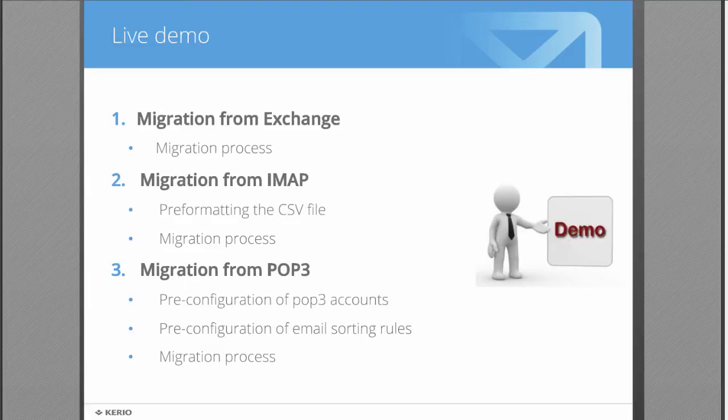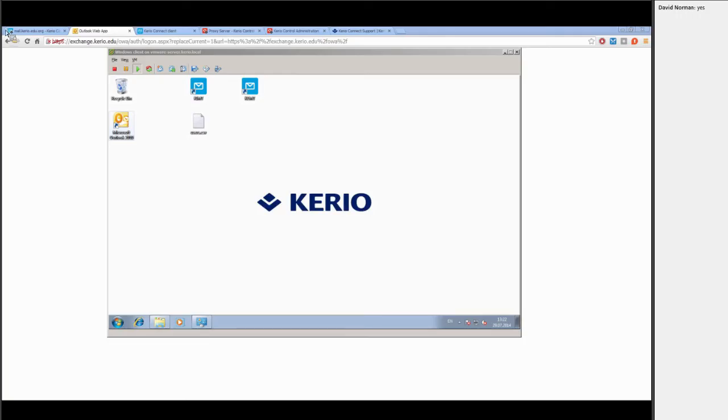And now I will hand over to my colleague Anton, who will be doing the demo. Anton will be demonstrating the Exchange process, how you migrate it, also IMAP using a pre-formatted CSV file, and migrating using POP3.